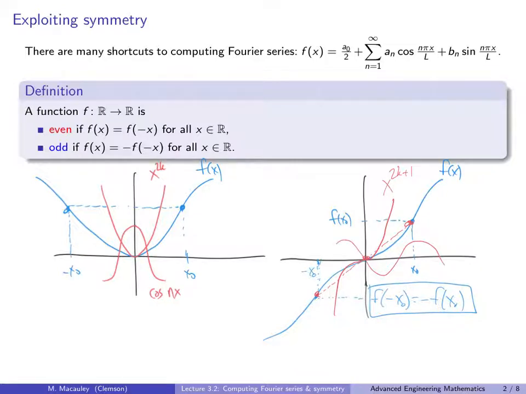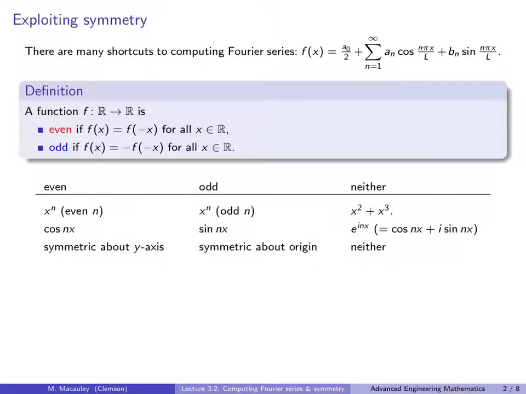So sine of x, or sine of 2x, or sine of nx, that is an odd function. To summarize, all of the following are examples of even functions: x to the n, where n is even, cosine of nx, or any function that's symmetric about the y-axis.